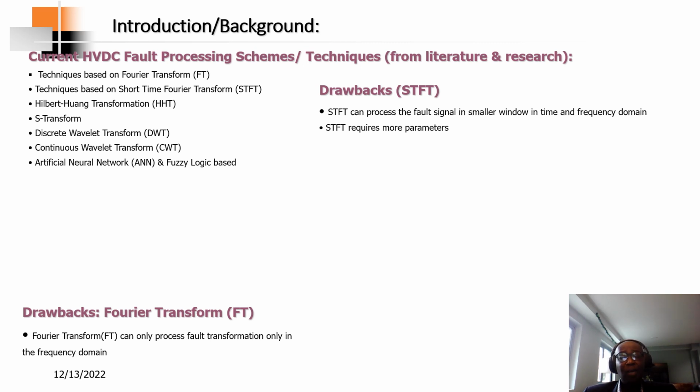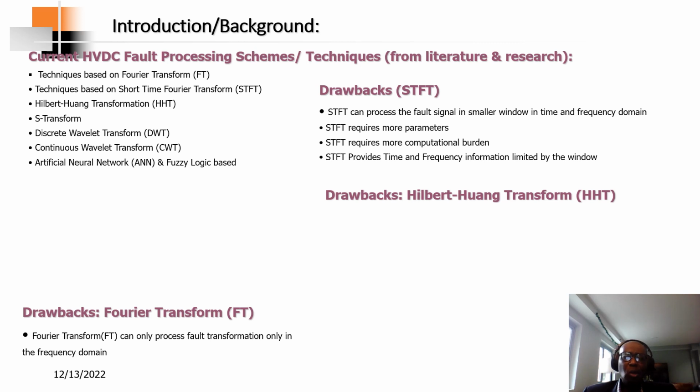Also, it requires more parameters, and also a computational burden in processing all these signals in the algorithm. Like I made mention, the time and frequency information in the signal is limited by the window.